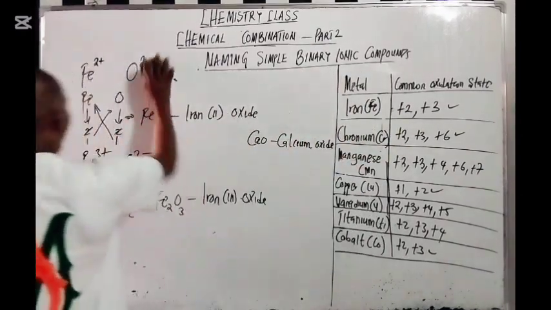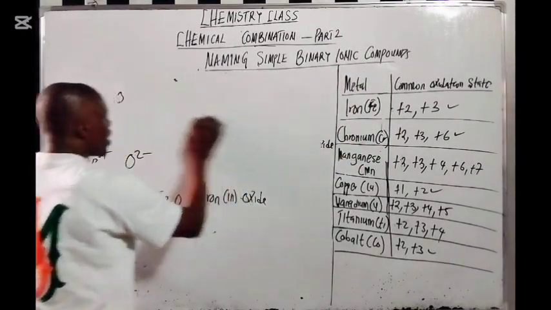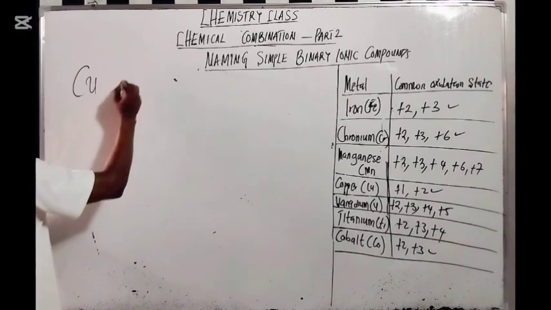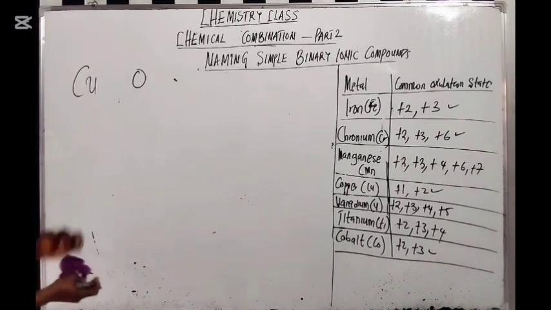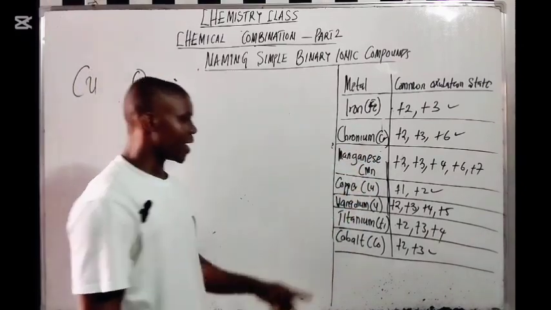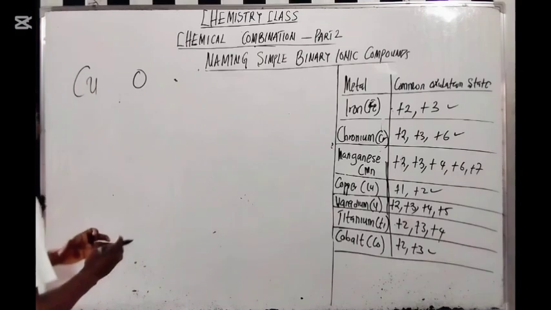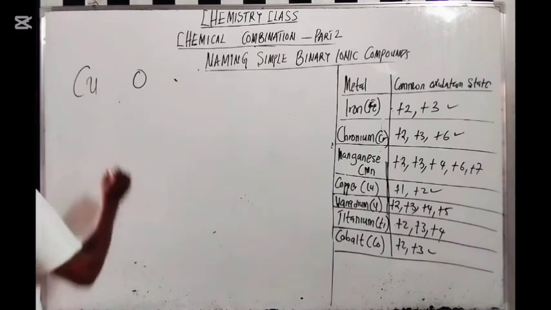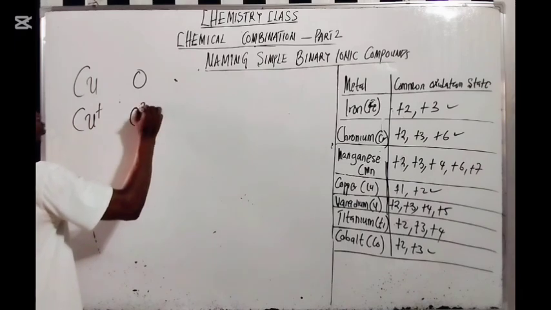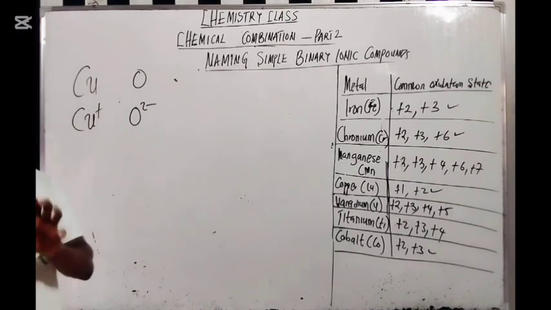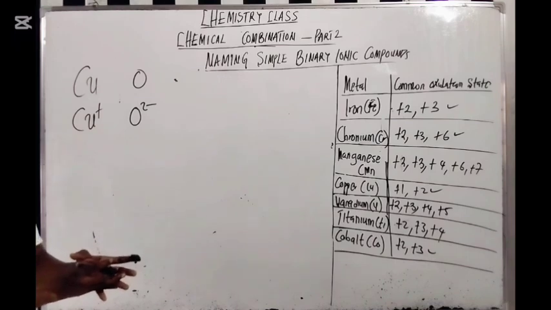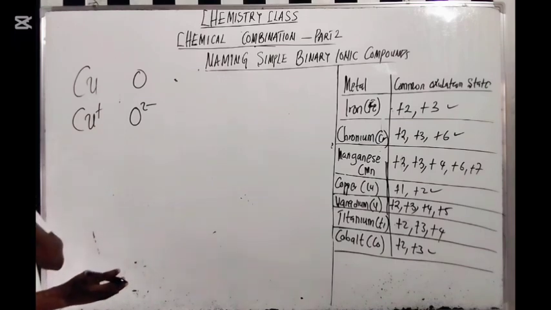If for example, let us take copper, Cu, and oxygen. Now copper has 2 oxidation states, either copper 1 or copper 2. So now let us say we are using copper 1, which is Cu plus. This is called copper 1, and here we have O2 minus. Hope you understand. Now let's write the ionic formula.